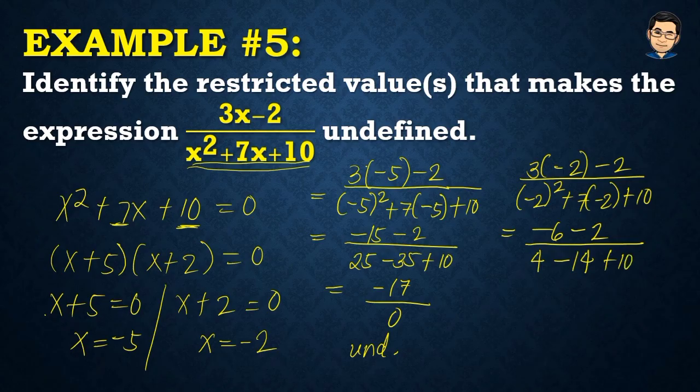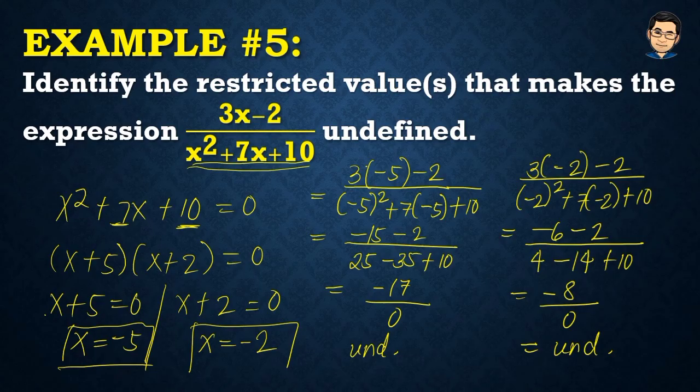Plus 10. Equals negative 6 minus 2, that is negative 8, all over. So, 4 plus 10, that is 14, minus 14, 0. So, again, our answer will be undefined. So, yung mga restricted value or values na hinahanap natin are negative 5 and negative 2.